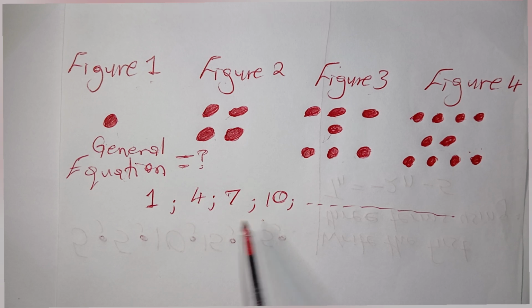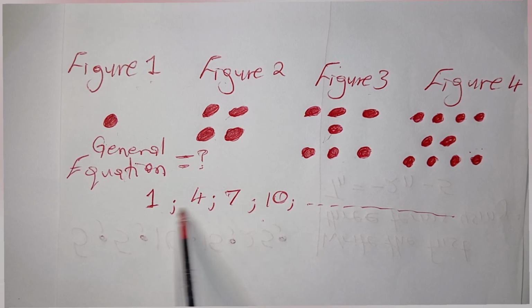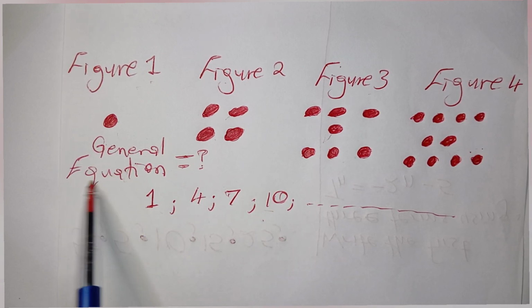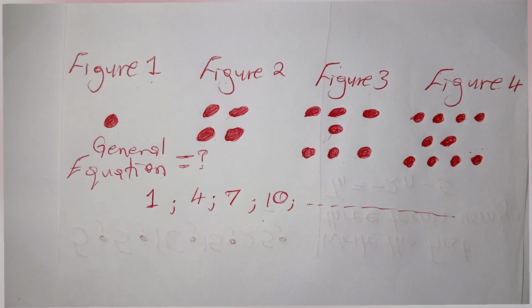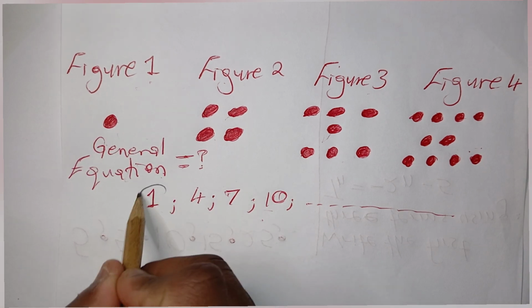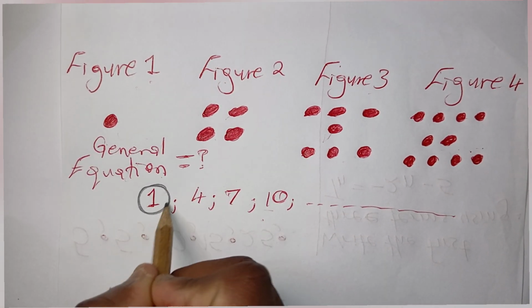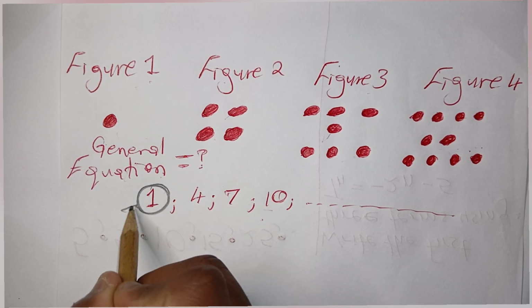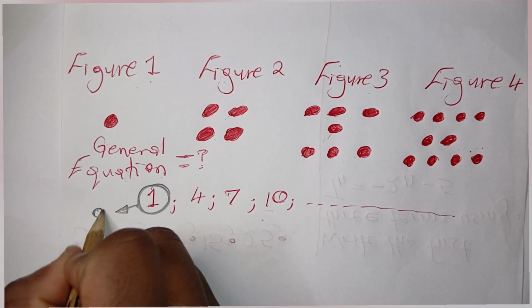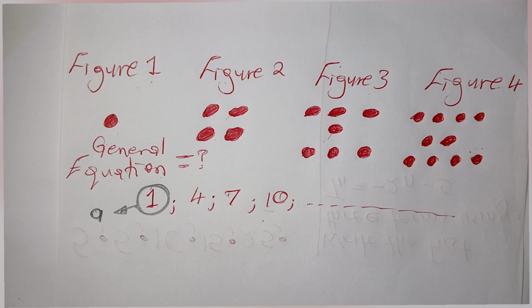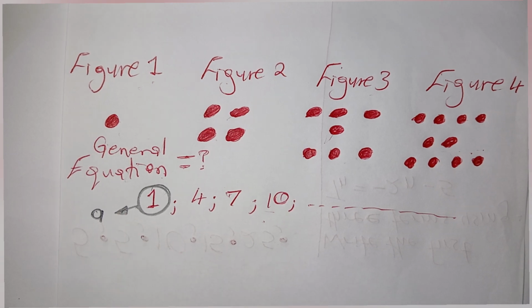The moment I change it into a pattern and I want to formulate the general equation, the first thing I must consider is that my first term is A. The first term represents A. What I must get now is the difference between the terms.